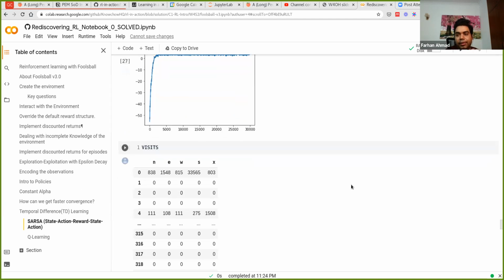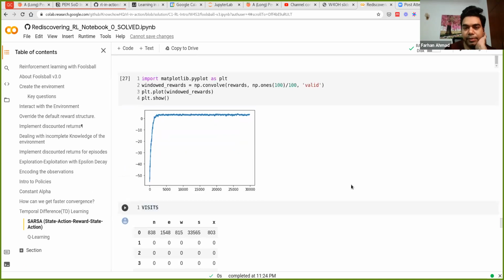Even if we have never visited a state, and suppose we encounter that state, can we get that information from a similar looking state? And this is all the more applicable to continuous problems where your action space and your state space, either of them or both of them, are continuous.